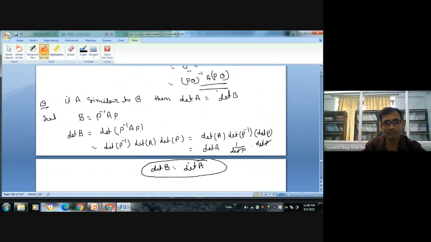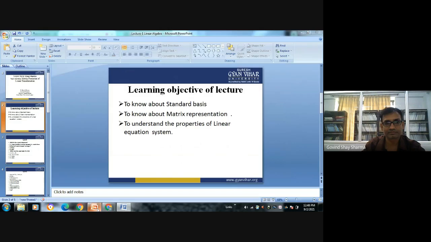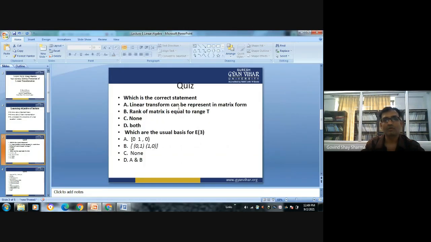Now we move to our quiz. Which is the correct statement? Linear transform can be represented in matrix form. So we know today we have done the exercise that linear transformation is written as a standard matrix or even basis matrix.